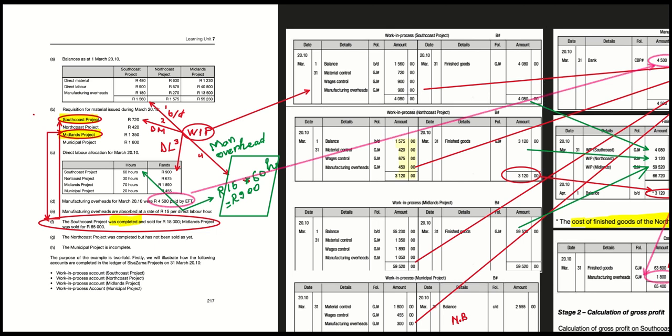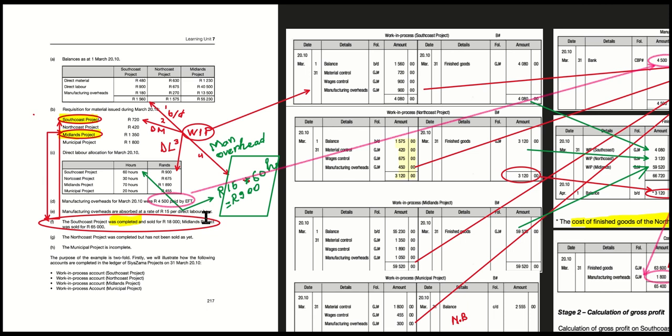So one thing that should draw my attention and yours, obviously, is what about the absorption rate? That should draw your attention, right? And he tells us manufacturing overhead are absorbed at a rate of 15 Rand per direct labor hour.